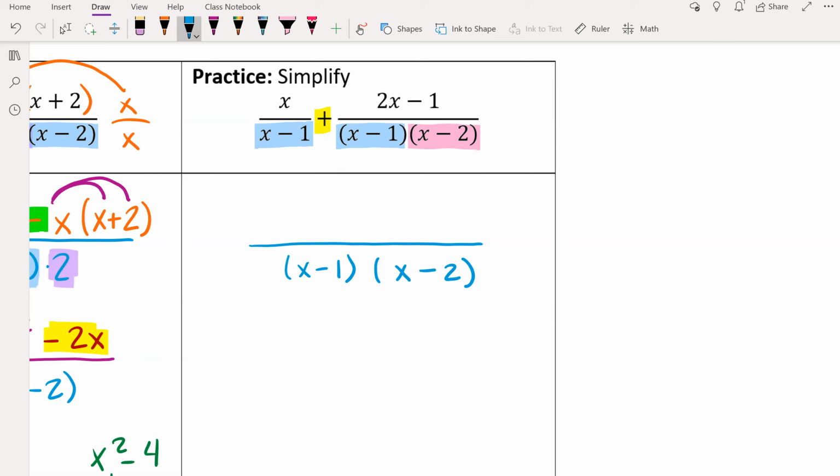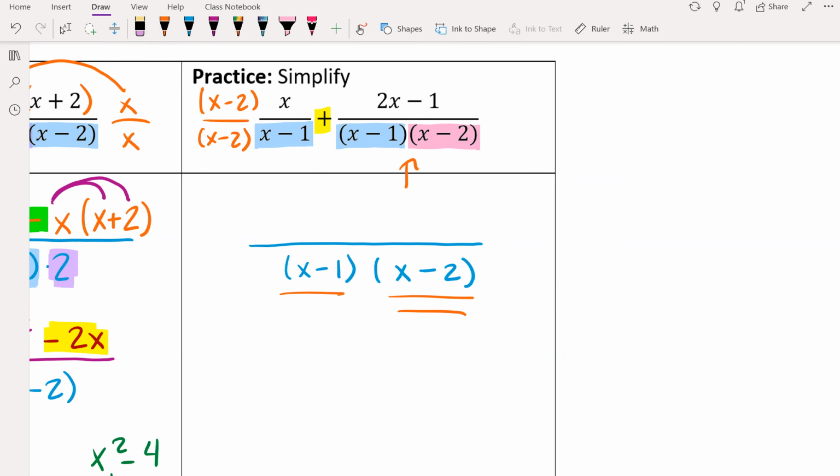Cool. Now, while I'm getting the common denominator, I need to figure out what's missing from this denominator. Well, I have the x minus 1, right? But I don't have this x minus 2. So let me go ahead and multiply by x minus 2. And we're going to focus on multiplying the numerator. What's missing from this denominator? Well, I have the x minus 1. I have the x minus 2.